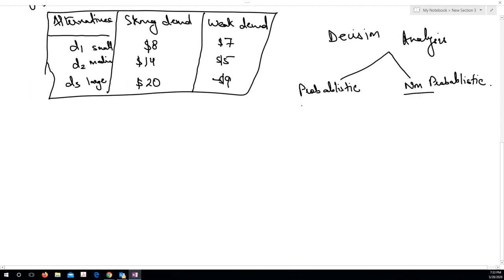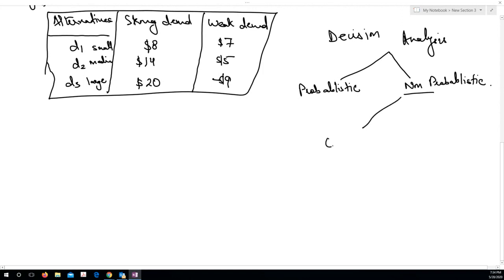You have past data, or you predict the future based on the past data, and so you say, okay, there's an 80% chance of having a strong demand, or a 20% chance of having weak demand. So you use previous data or other estimates to find the probability of demand in the future. But if we don't have data, we can use this method, which further splits into different options.